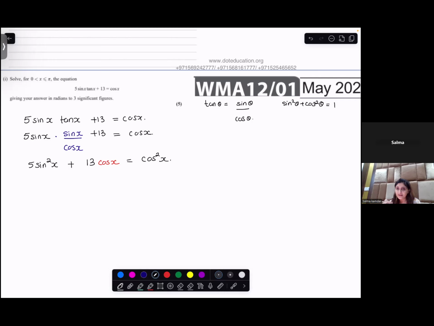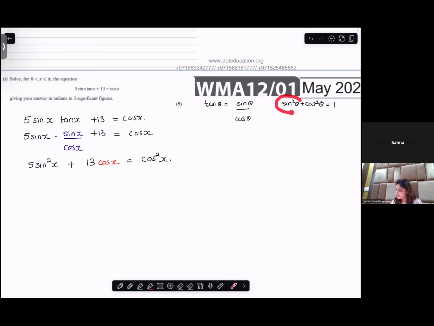Okay, now I need to see whether I want my equation in sine or in cos. Since I have one cos x over here, I will try to make this sine also cos so that everything becomes cos for me.